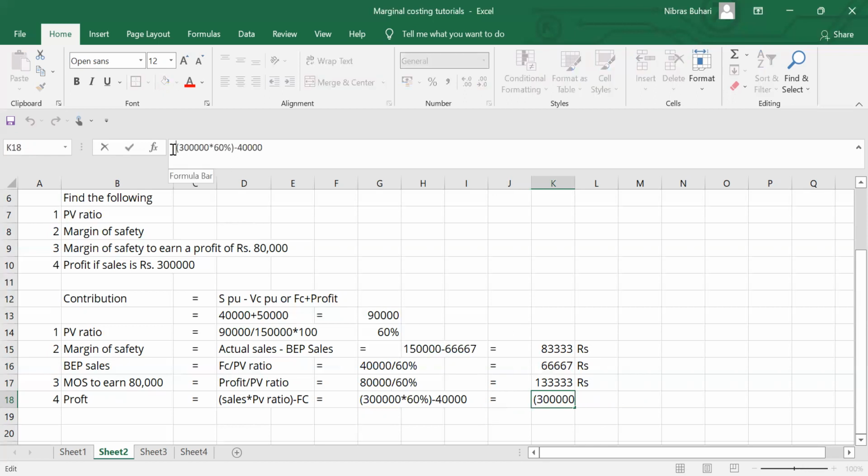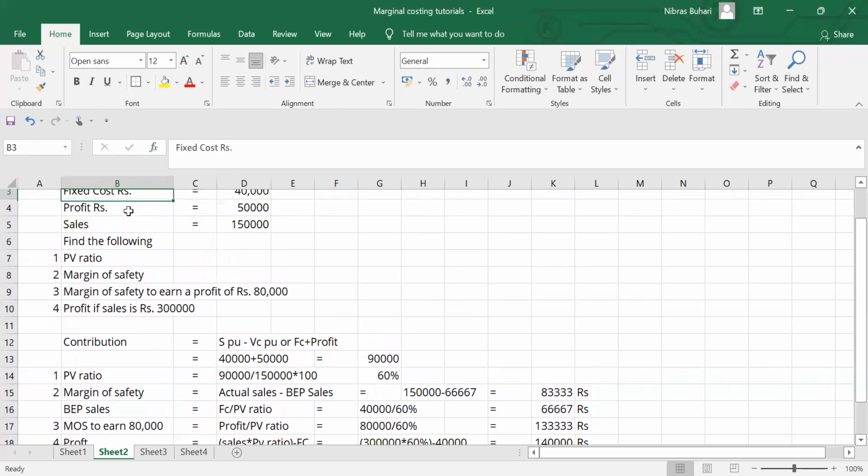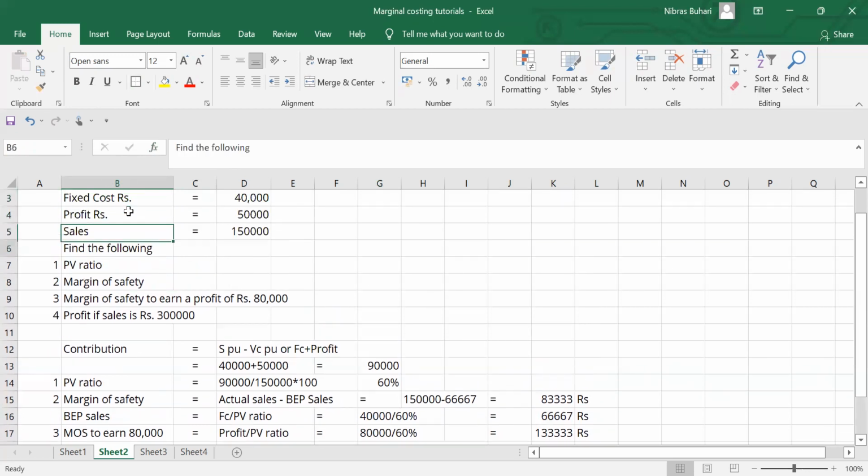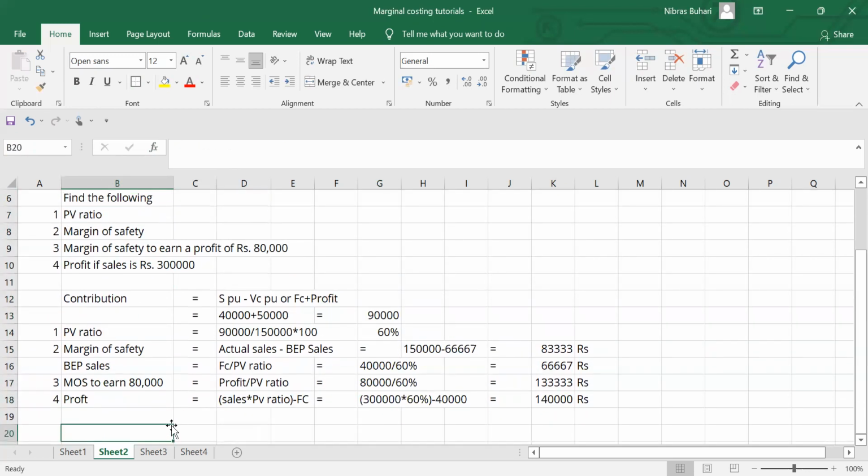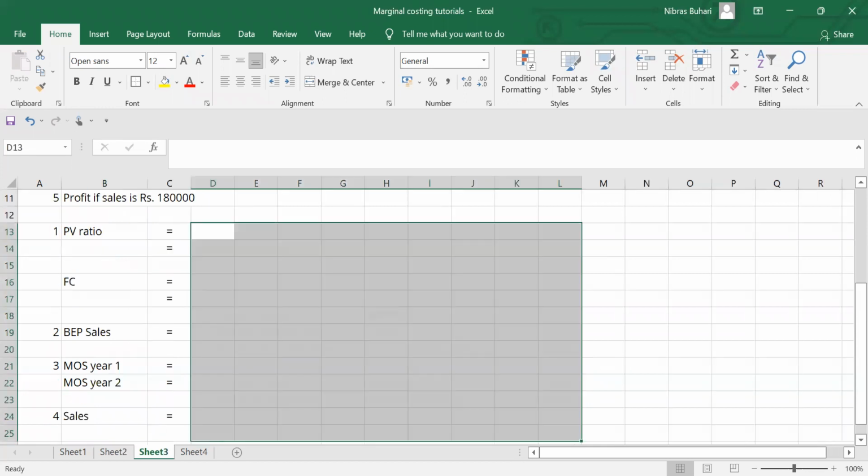One lakh 80,000 minus 40,000 is 1,40,000 rupees. Done. I asked 4 questions and we got the answers for all the 4. I'll move to the third example.